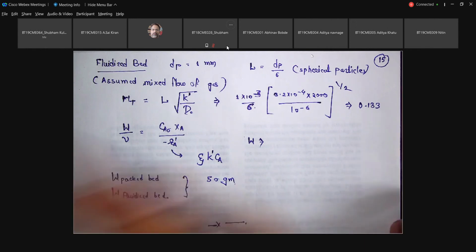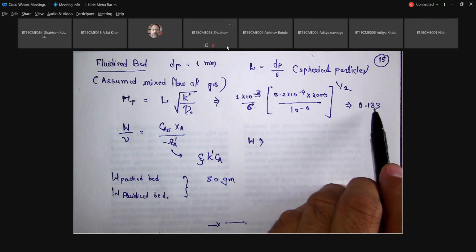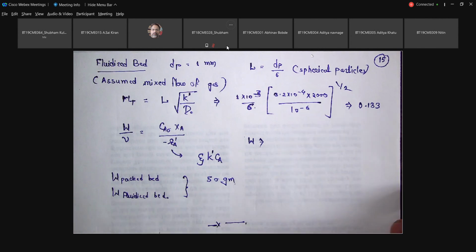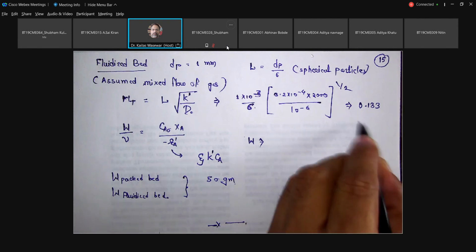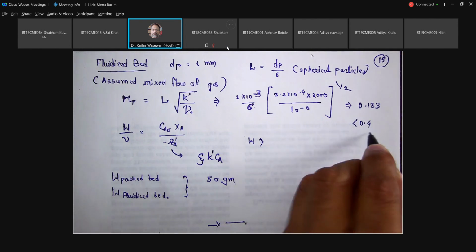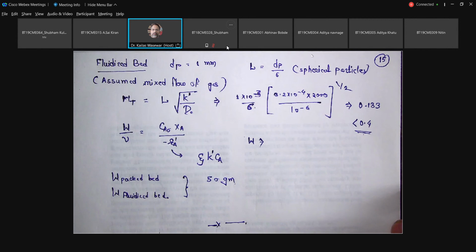If epsilon is 0.13, that means what? It is less than 0.4. So if it is less than 0.4, there is no resistance.